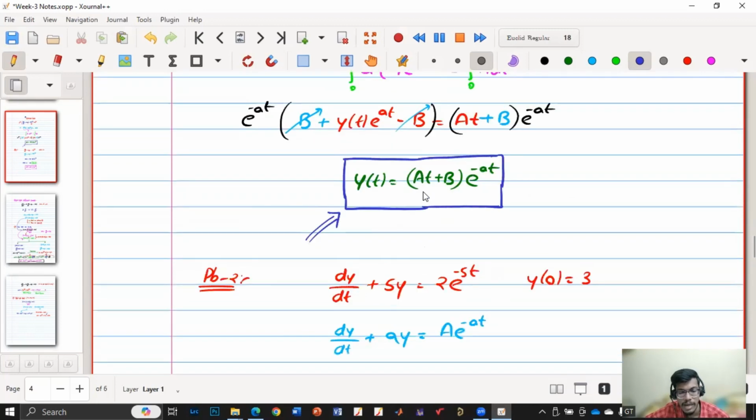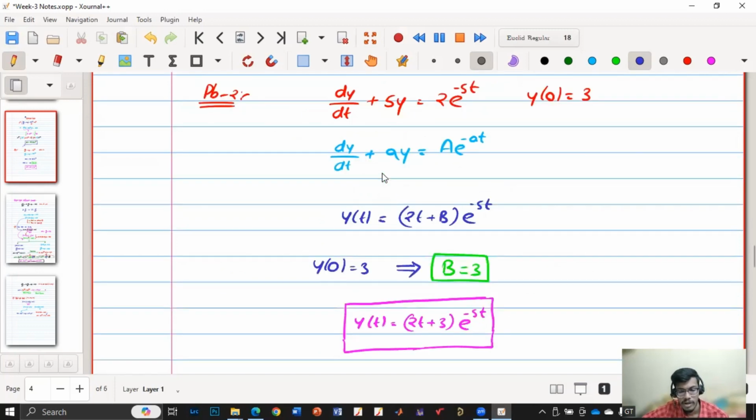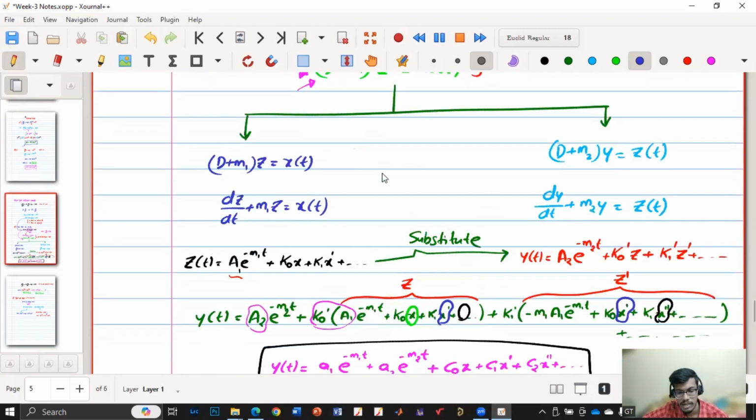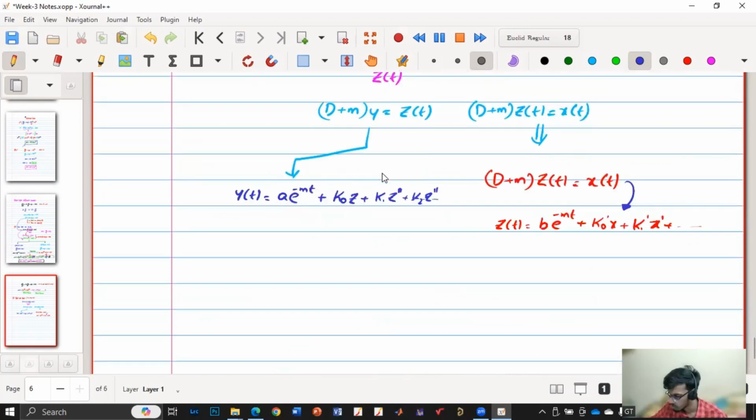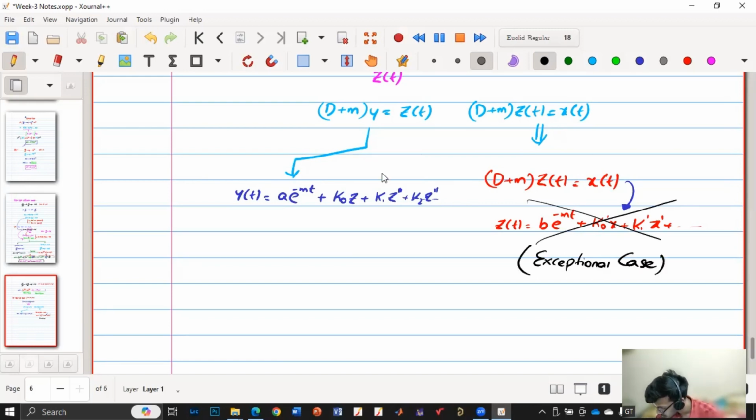Instead, I'll get some at plus b into e to the power minus at, right? So my y of t is not that. So here it is not true because this is an exceptional case.